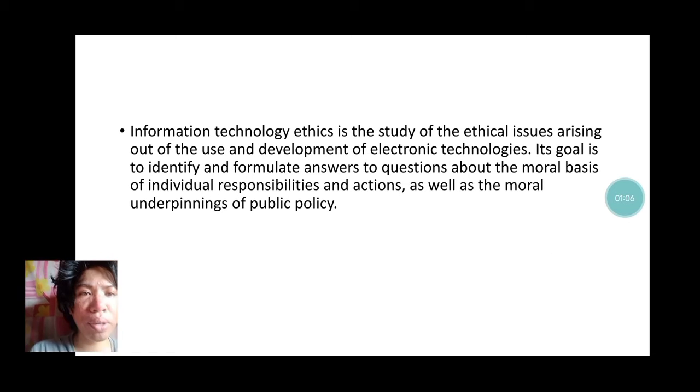And information technology ethics is the study of ethical issues arising out of the use and development of electronic technologies. Its goal is to identify and formulate answers to questions about the moral basis of individual responsibilities and actions, as well as the moral underpinnings of public policy.